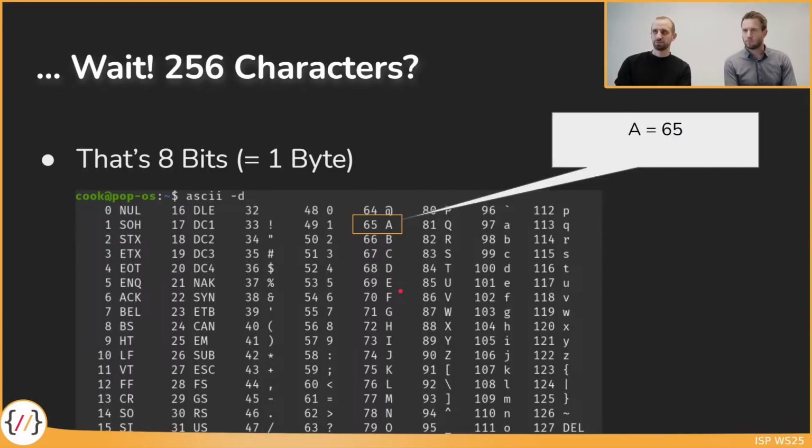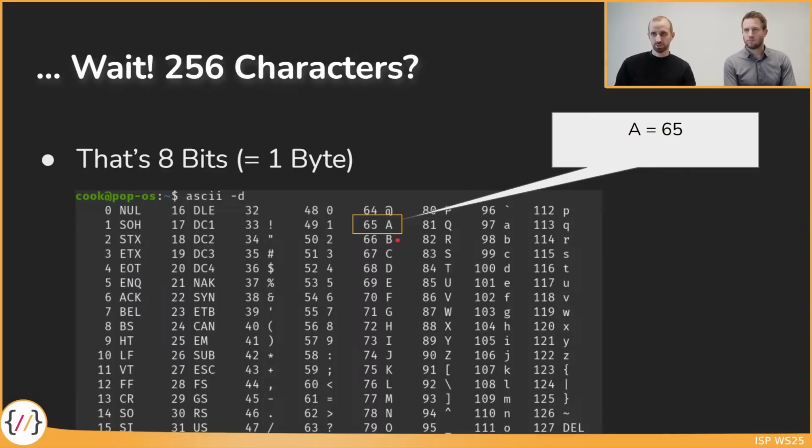So when you have this A here, it's just bound to a number, and the computer sees it as this number, but we as humans can also interpret it as an A. The same goes for all of the other letters.